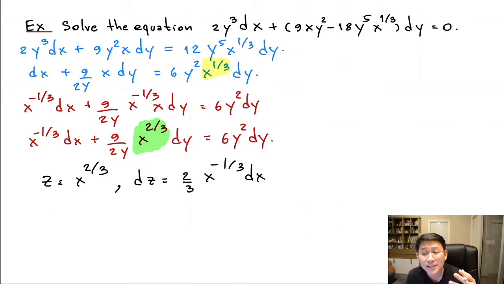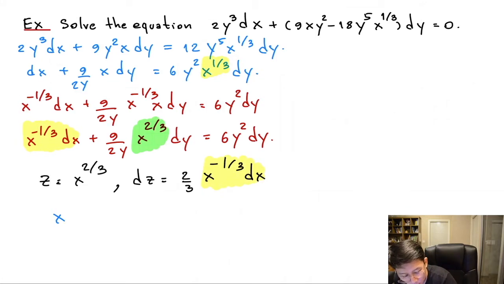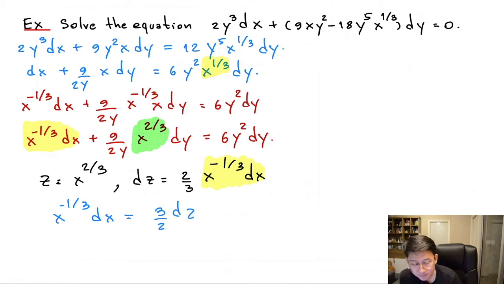If you keep doing exercises, you will see the pattern. Here is actually the same as here, right? So we have that x minus 1/3 dx is actually 3 divided by 2 dz.